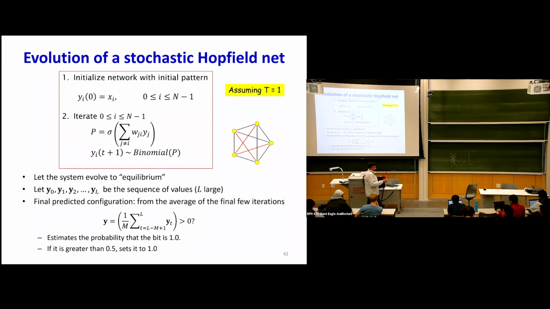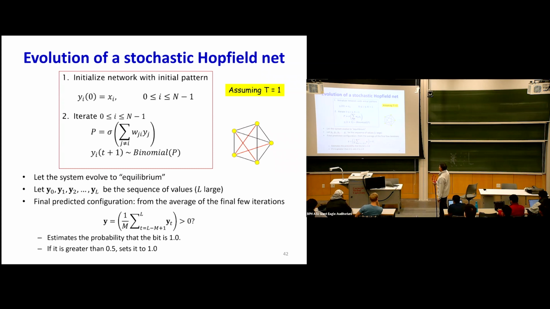I can take the average of all of these and just apply a threshold function on this average. And that's going to give you the thresholded expected value of the state. And that is most likely going to be the memory that you're trying to recall. So instead of getting a deterministic recall, you're looking at a large number of evolutions and taking the average. And that average is going to be your recall, right?